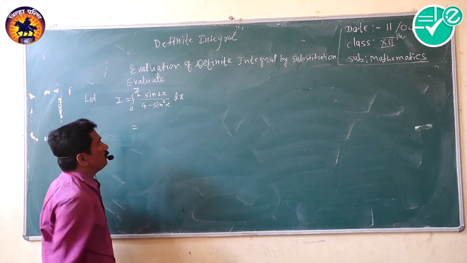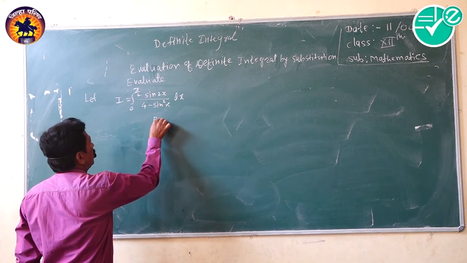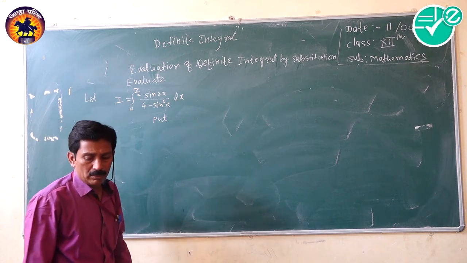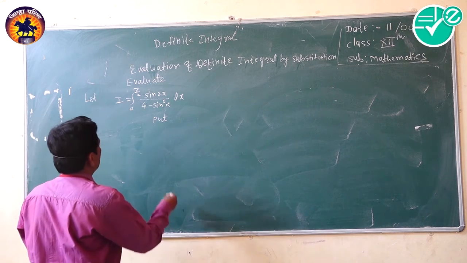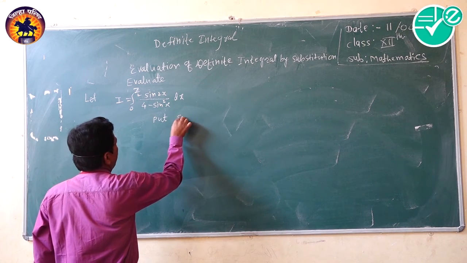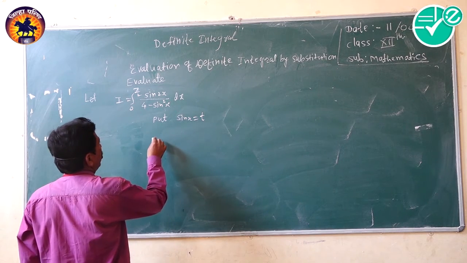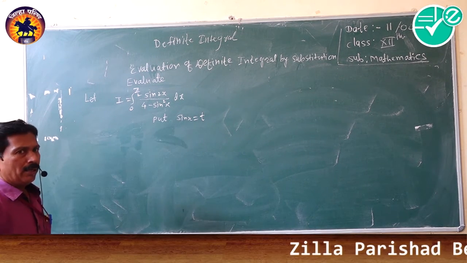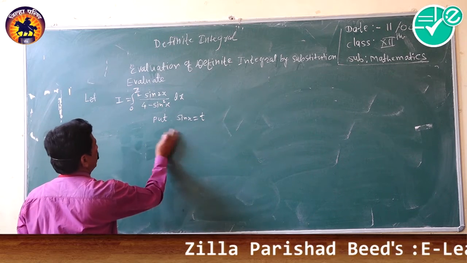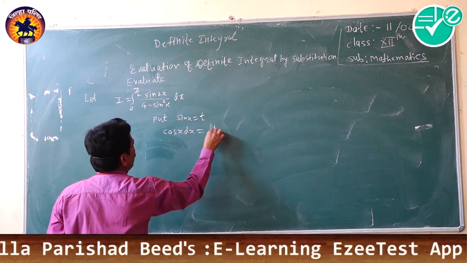Put sin x is equal to t, therefore cos x dx is equal to dt.